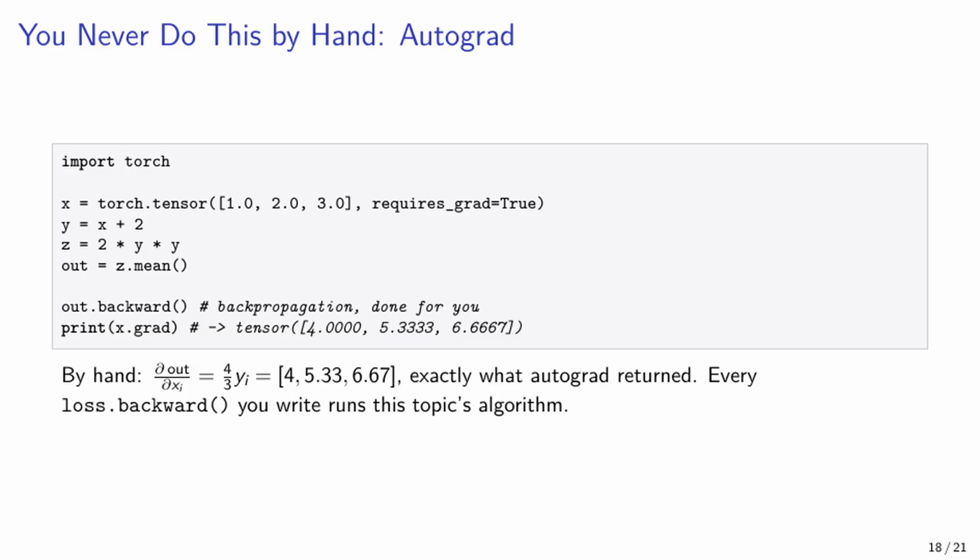The printed gradient is 5.333, 6.667. Let us confirm by hand that autograd got it right, because it is running exactly this topic's algorithm.